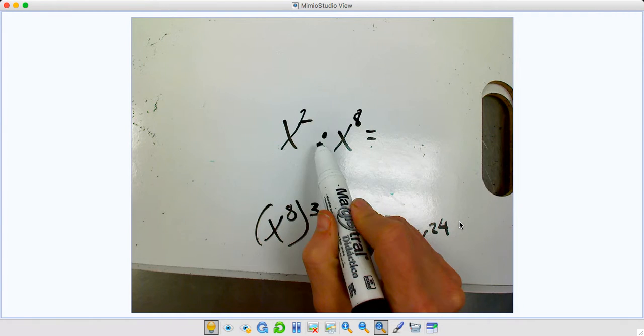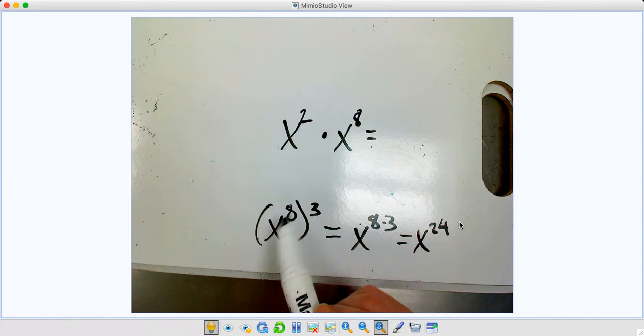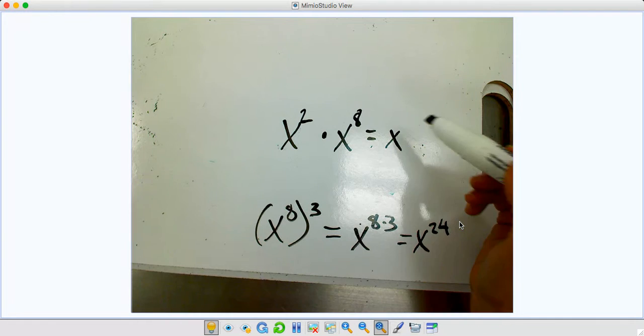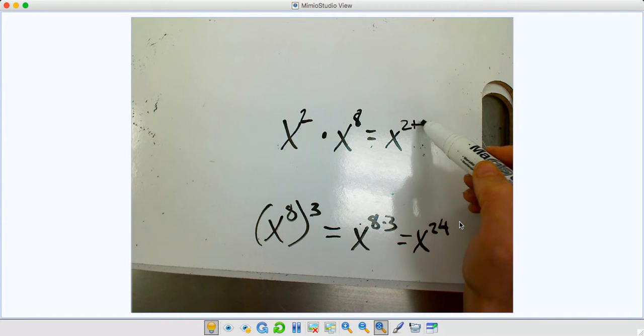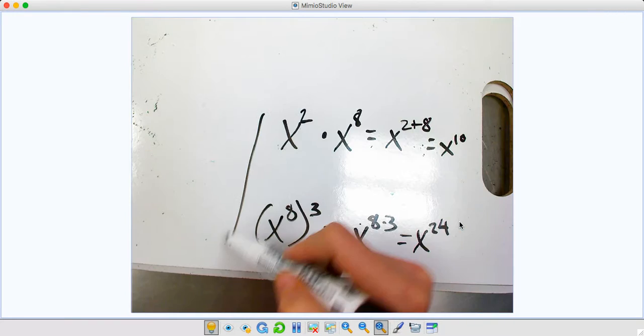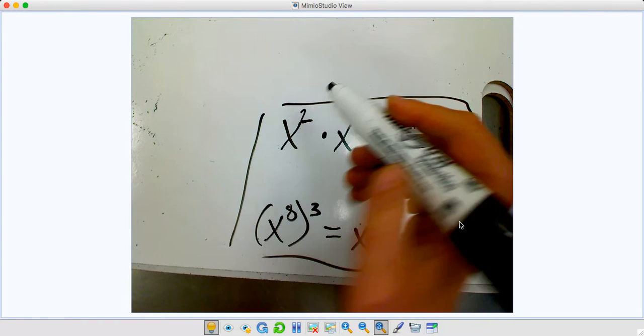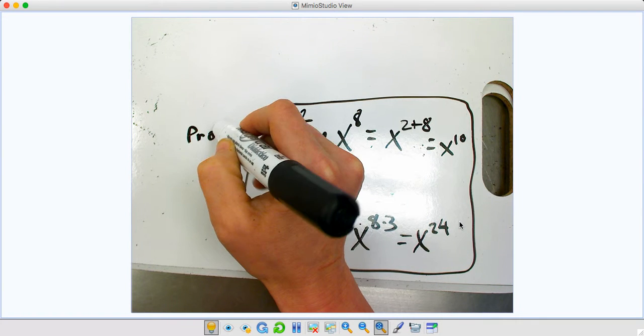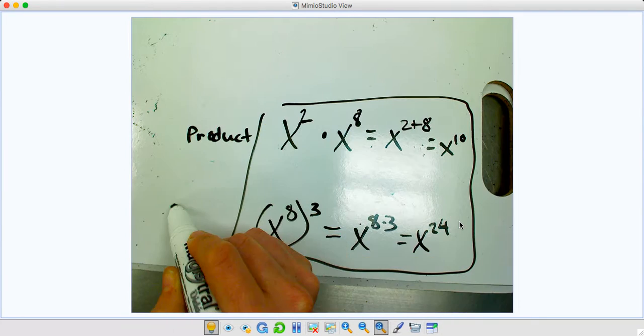Now, because this is multiplication, this isn't a power of powers, I'm not going to multiply the exponents. I'm keeping the same base still, but I'm going to add them. So I get 2 plus 8, which gives me x to the 10th. So I want you to really focus on the difference between the product of powers law and the power of powers law.